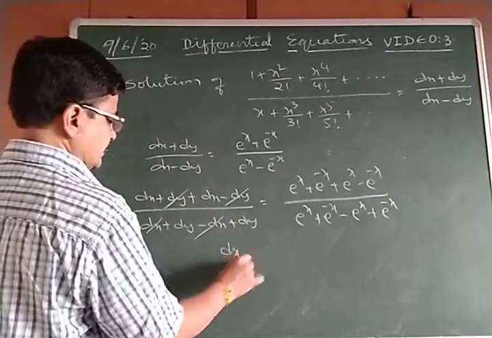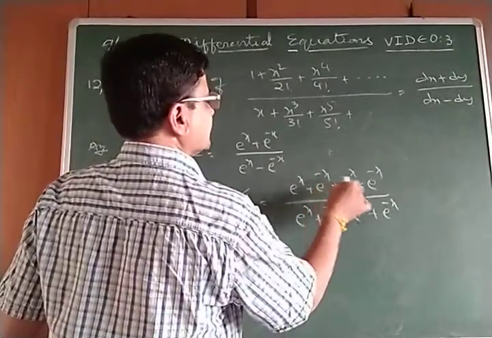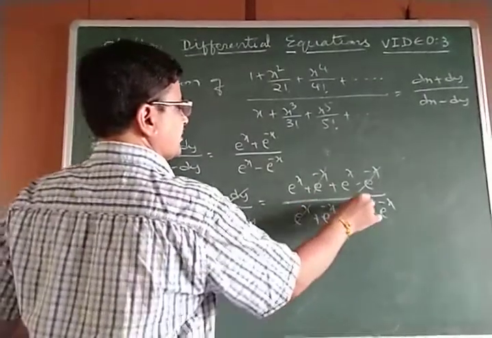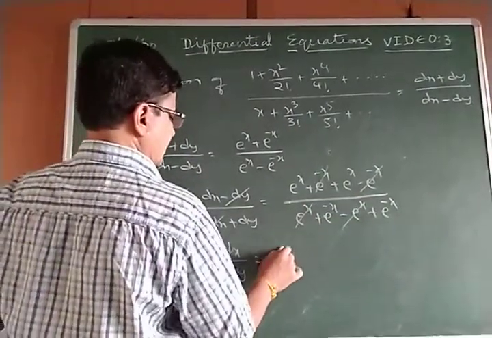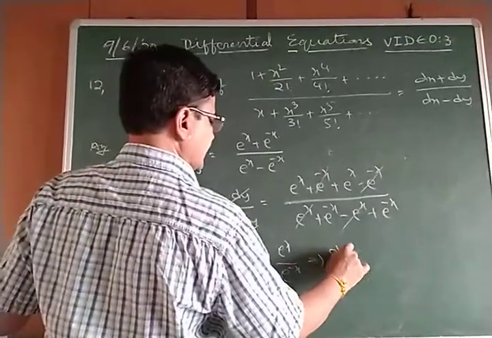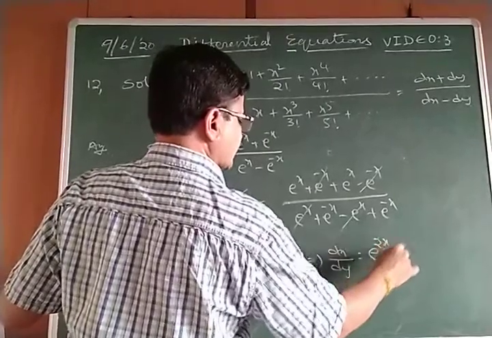That means dx by dy is equal to e to the power x over e to the power minus x, where e power x and minus e power x are cancelled. Now e power x by e power minus x, so that implies dx by dy is equal to e to the power 2x.